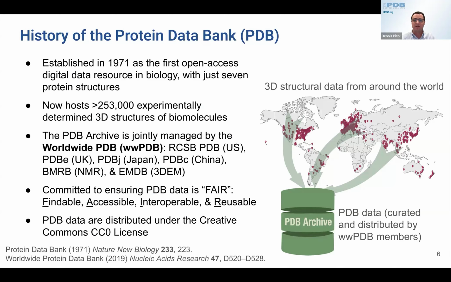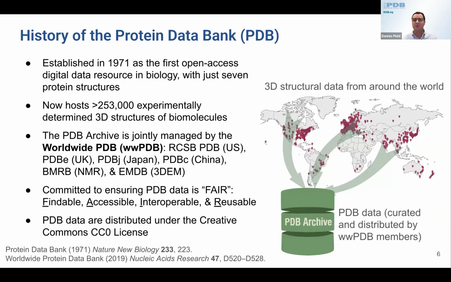The PDB archive is jointly managed by the Worldwide Protein Data Bank, or wwPDB, which consists of the RCSB PDB in the US, where I'm based, PDBe in Europe, PDBj in Japan, PDBc in China, as well as 2 specialist repositories, the BMRB and EMDB.